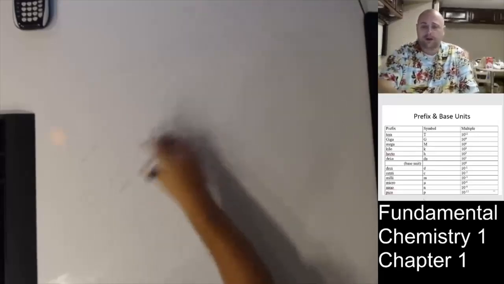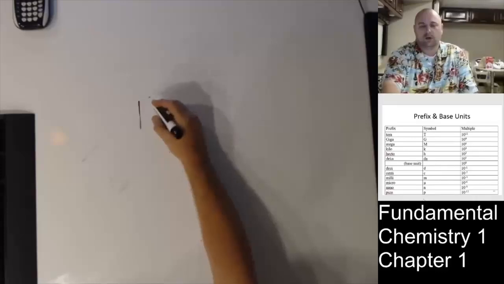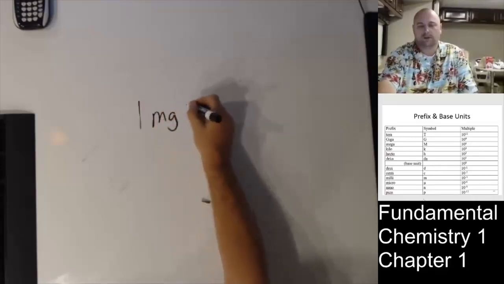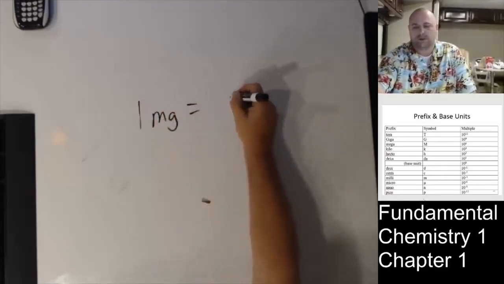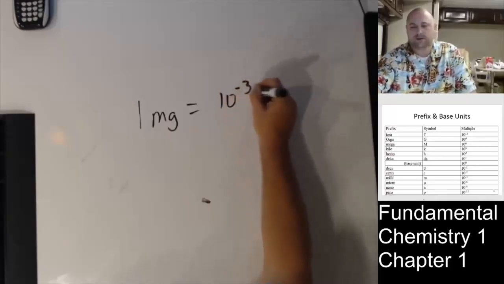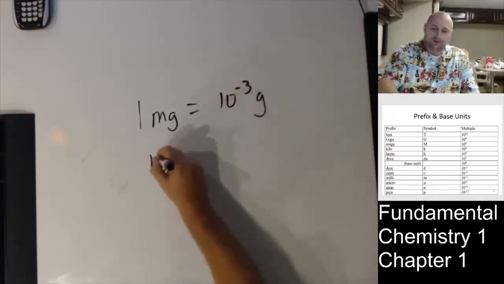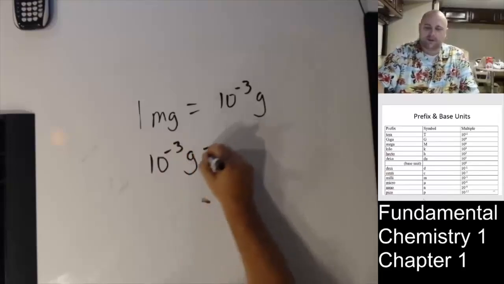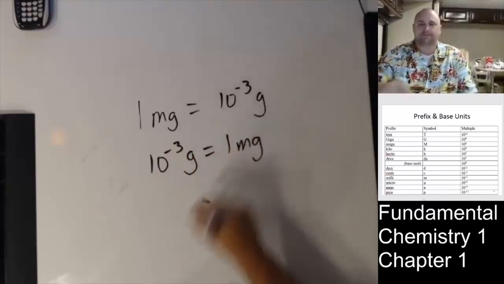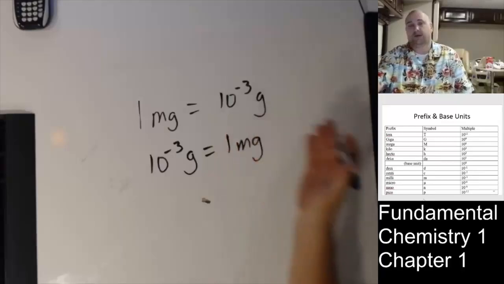You could write 1 milligram is 10 to the minus 3 grams. You would also be correct to write 10 to the minus 3 grams equals 1 milligram. Both of those are the same, obviously.